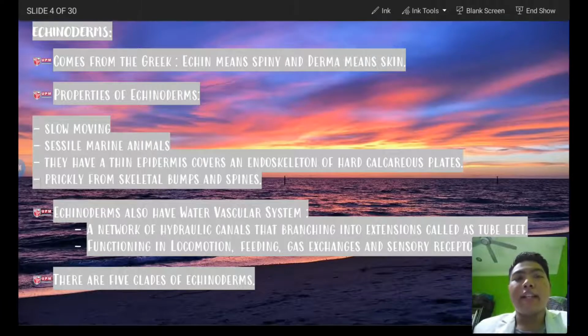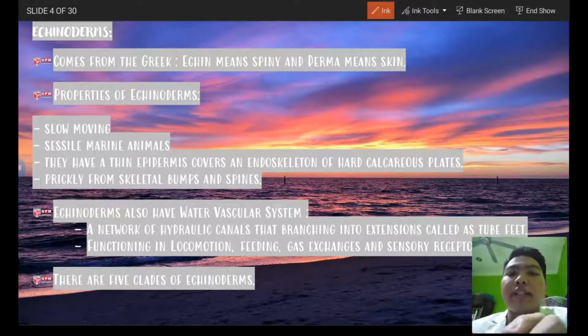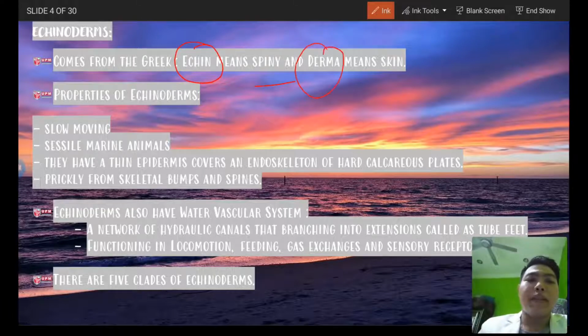First, what is echinoderm? Echinoderms come from Greek words: echin, meaning spiny, and derma, meaning skin. So these are the properties of echinoderms. If an animal has these properties, it means that it is an echinoderm. First, they are slow moving animals.